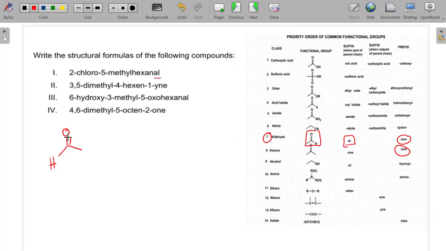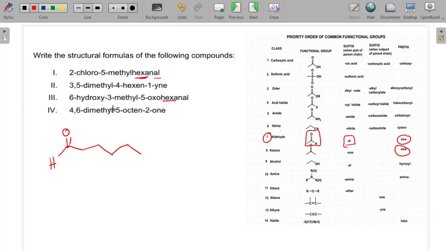The first carbon is the one double bonded to oxygen, so this is our carbon number 1. This is our carbon number 2, number 3, number 4, number 5, and number 6. So we are done with the chain there.